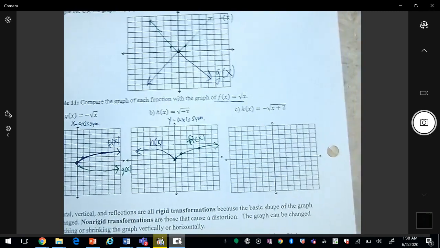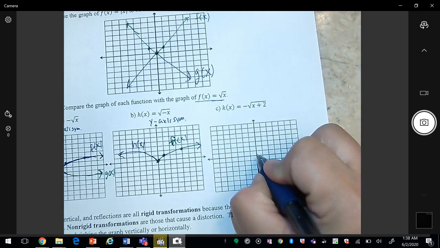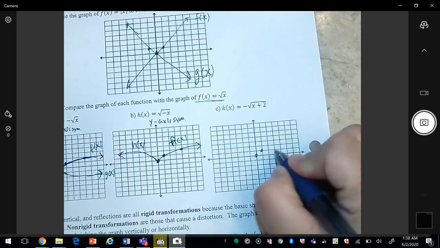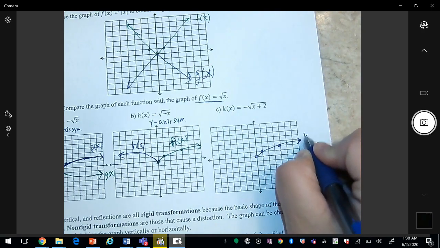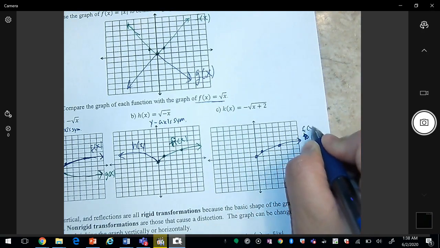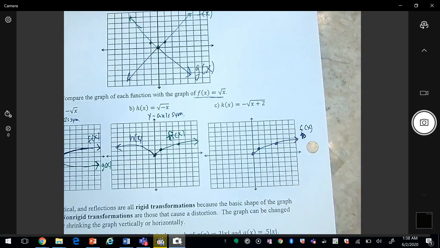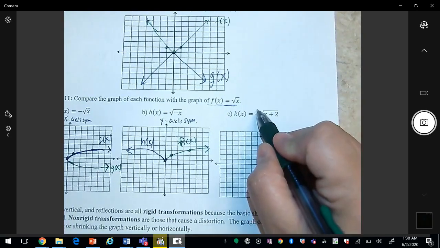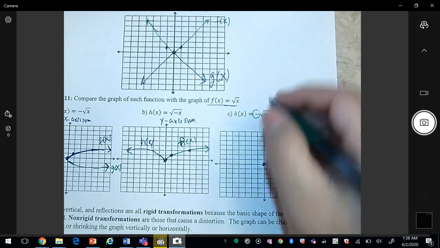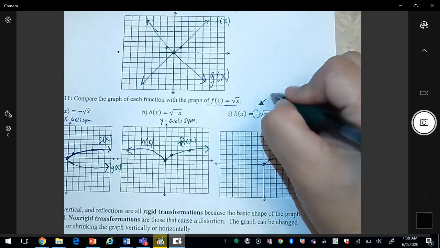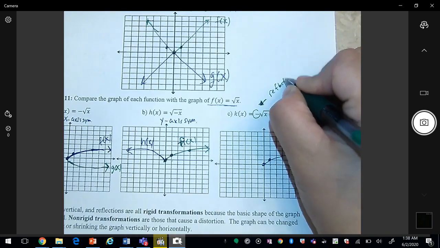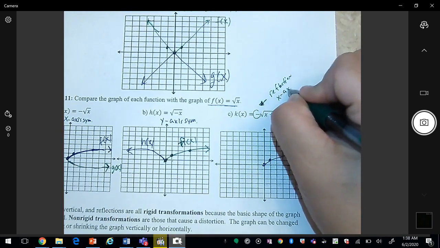And then the last one, let me graph the parent function. And so now we have a negative. Notice that the negative is on the outside, so that's going to have reflection on the x-axis.